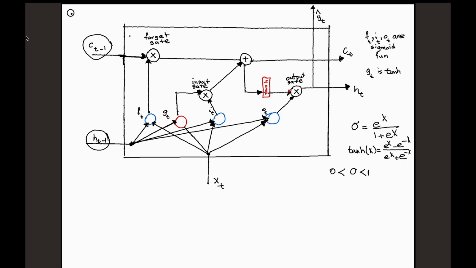If it's close to 1, everything going through it will pass through HT. So either HT will be your output, or this can be a function like logistic regression on this to create, let's say, probabilities. In this example, we are assuming this is a logistic regression model. It has its own parameter too.